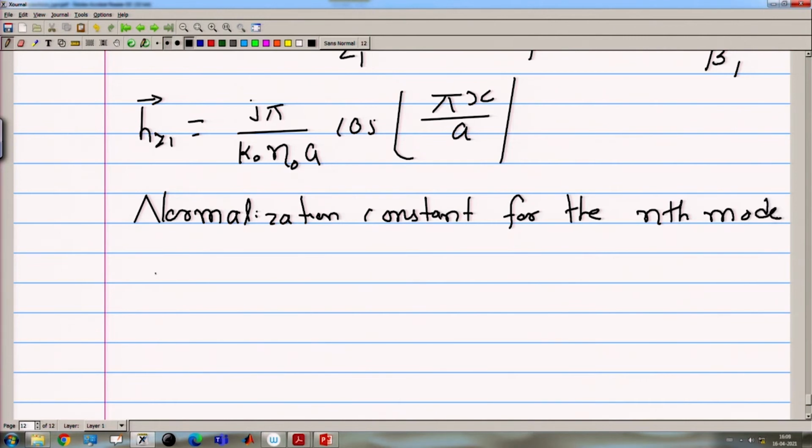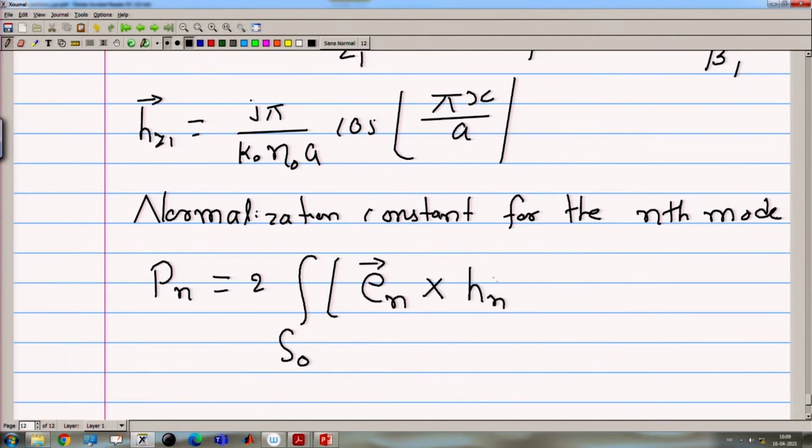So, we know that Pn equal to 2 of S naught, and this will be the same for the magnetic source also, En cross Hn, in dot product with Az, into ds.